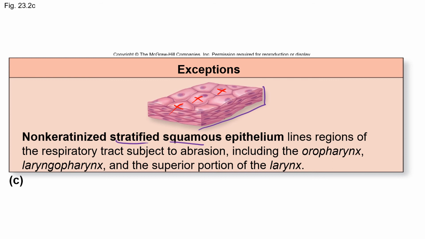The way our body deals with this is by having multiple layers of cells under those cells that can quickly replenish them and prevent your tortilla chip from actually destroying the tissue as it goes down. So any part of your airway that is also a food way, and that's your oropharynx and your laryngopharynx, has to be stratified squamous.